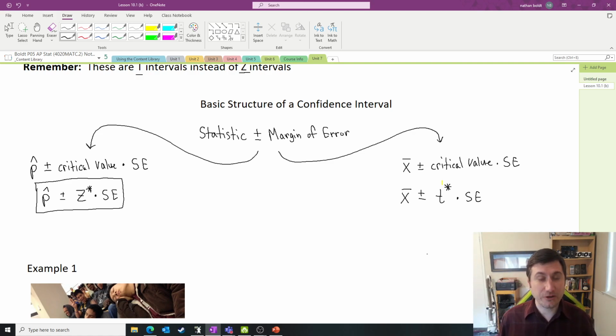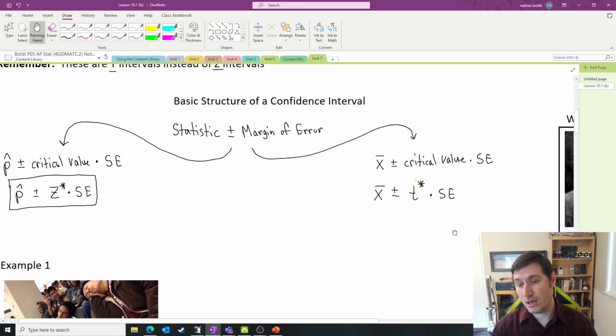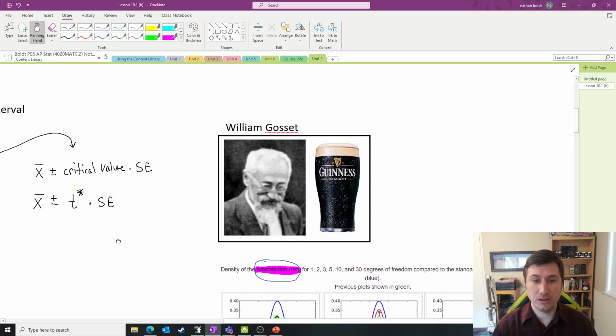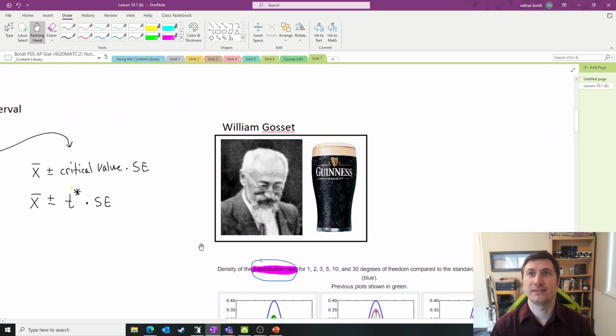It doesn't actually capture the confidence that you want when you set it at a certain level. And that wasn't known until this dude by the name of William Gosset.